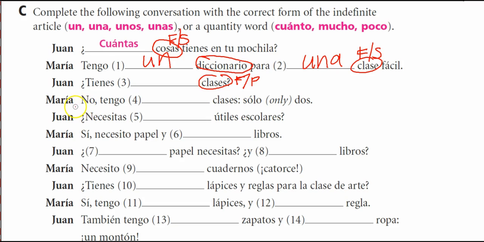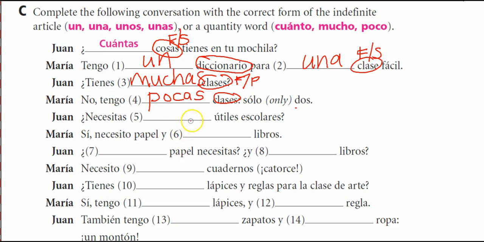Sounds like Juan wants to know if she has a lot of them, so I would put muchas. Does she have a lot of classes? No, only 2. So we're going to modify clases again, feminine, plural, but this time it's the opposite, pocas. I only have a few classes.